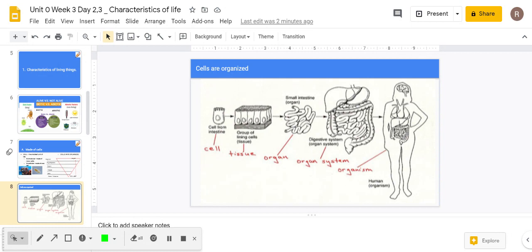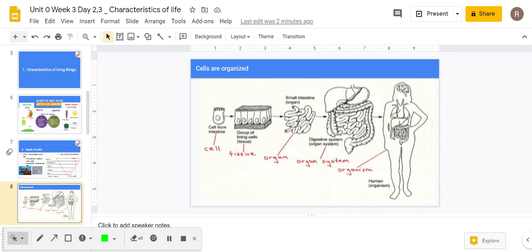We also need a large intestine, and that same process happens to build a large intestine, or your stomach, or your gallbladder, or your spleen, or your esophagus, whatever other part of the digestive system. And when those organs come together, we finally have an organ system.